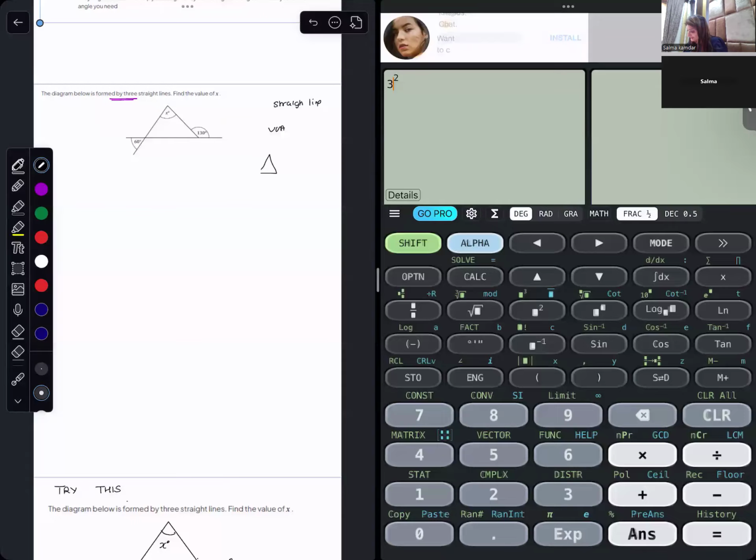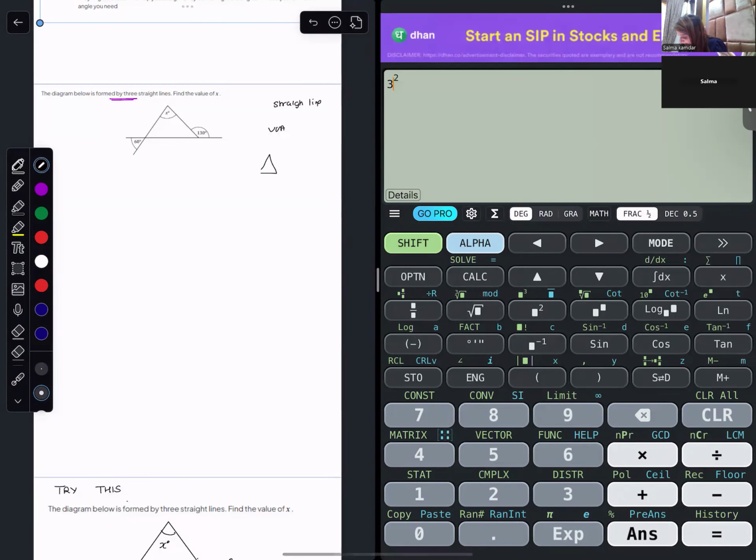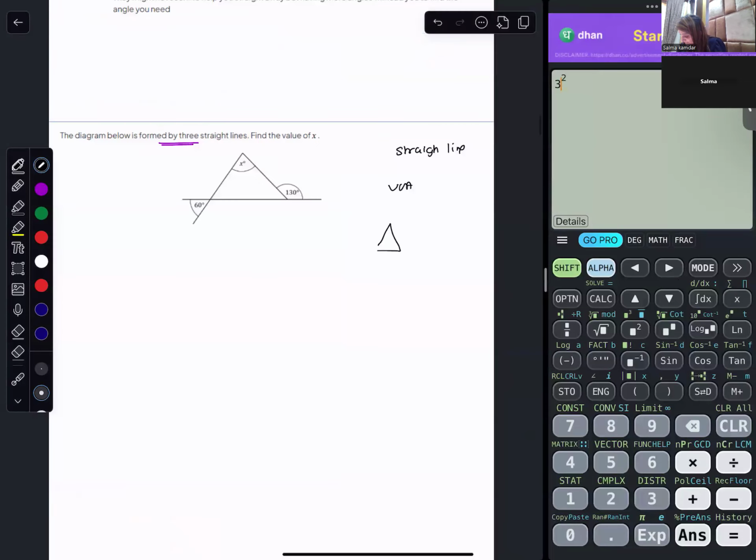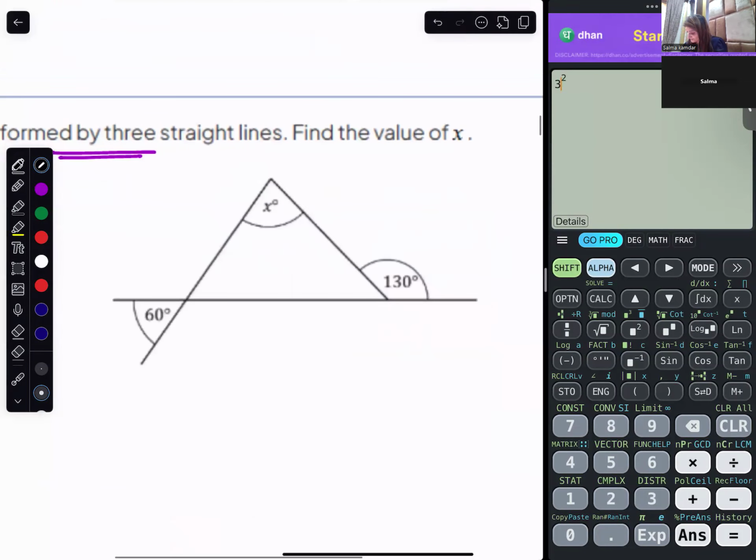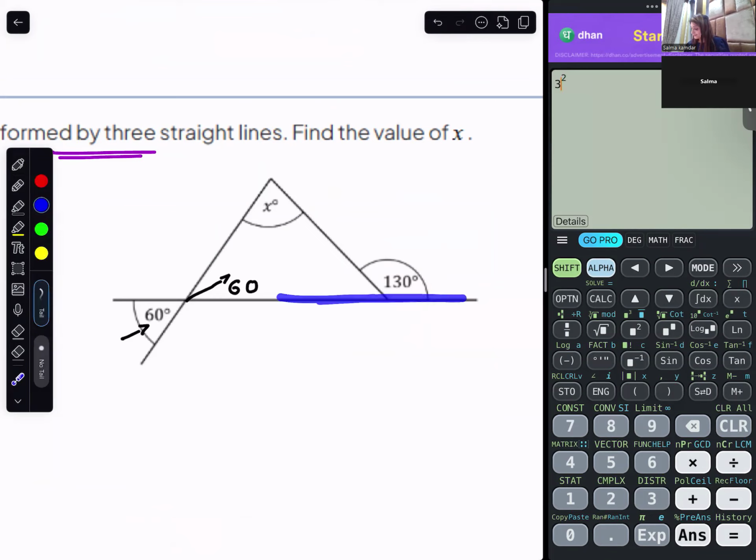I'll keep the calculator on the side so that it becomes easier for us to calculate. Now here is our figure. You see this angle, vertically opposite angle, so this is 60. In a straight line, the total will be 180.